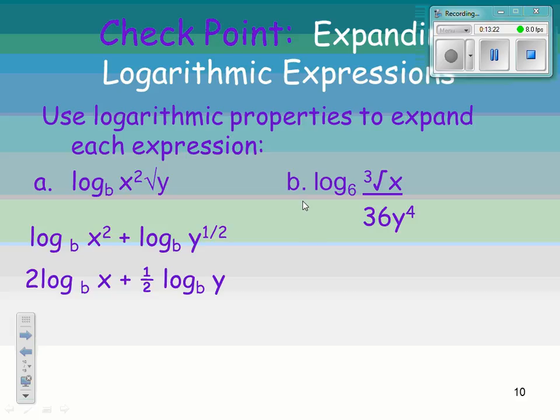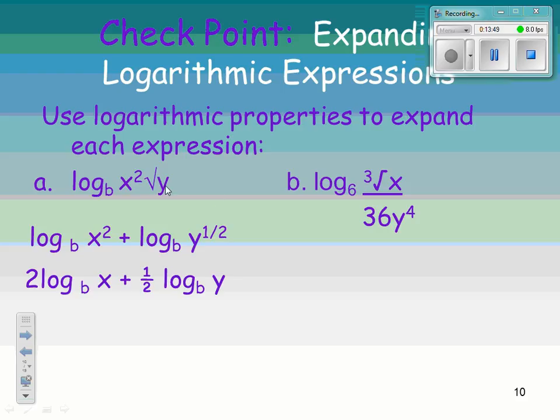Okay, let's look at example B. All right, example B. First of all, when I look at it, I know I've got division going on. I'm also looking at this cubed root of x. Okay, now let's see. This was the square root, and we wrote that as y to the 1/2. This is the cubed root, so we're going to rewrite this as x to the 1/3.